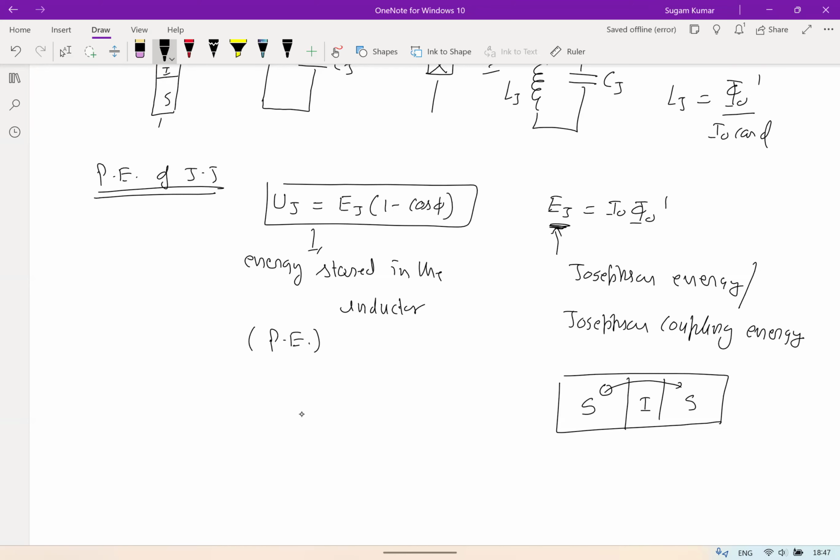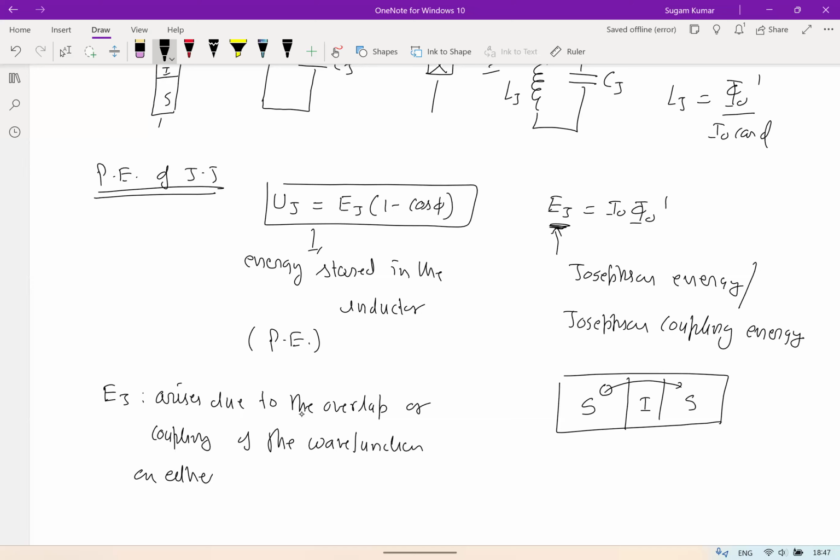Remember, this EJ actually arises due to the overlap or coupling of the wave function on either side of the junction.